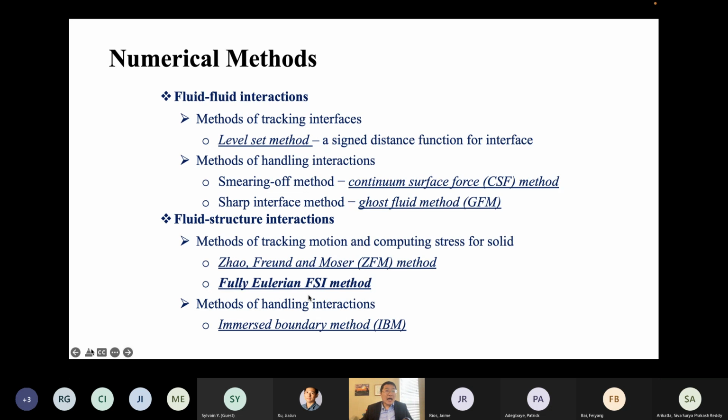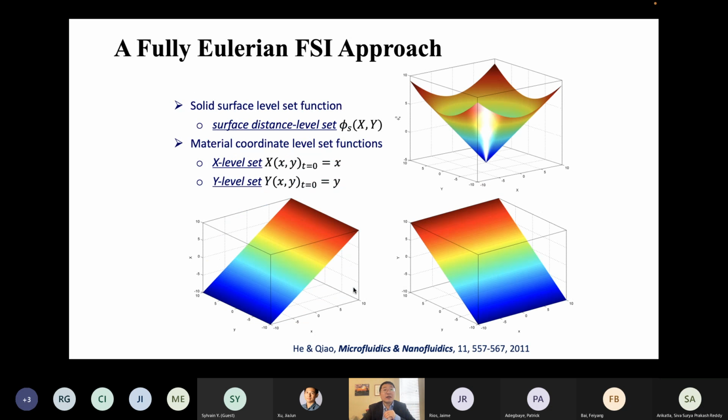Because I developed this new fully Eulerian fluid structure interaction method, I'd like to talk a little bit about it. Why is this a fully Eulerian method? Because we track everything using the Eulerian representation.